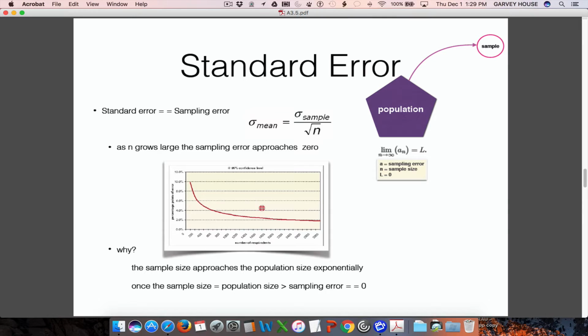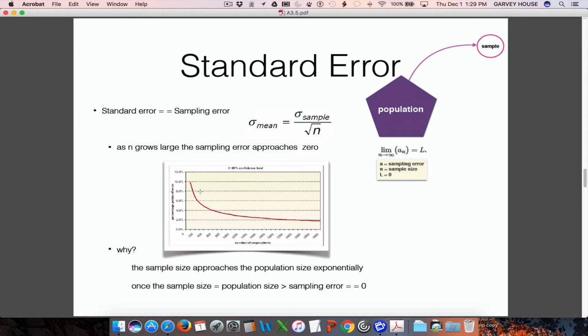In this chart right here, what I'm doing is depicting as the sample size grows large, then the 95% confidence interval, the standard error, goes small and eventually approaches zero.